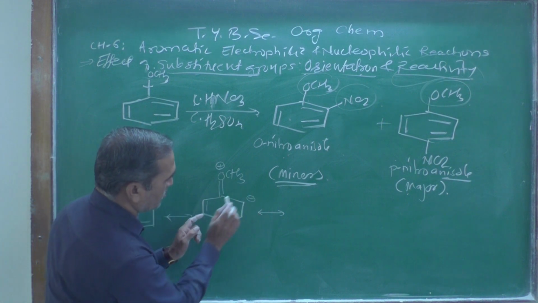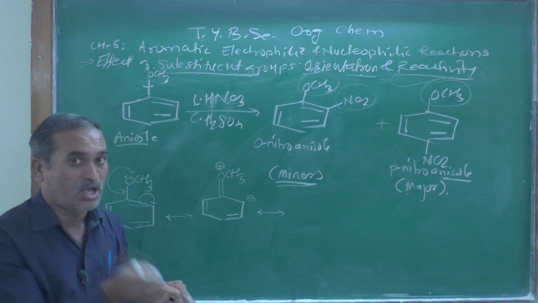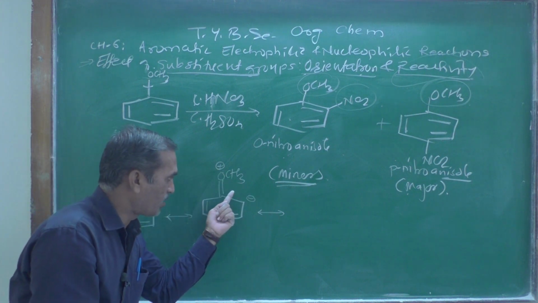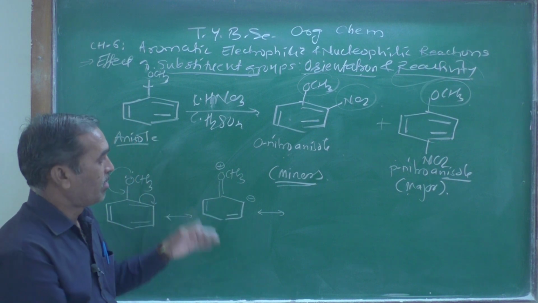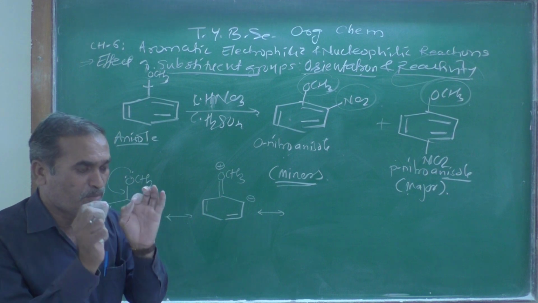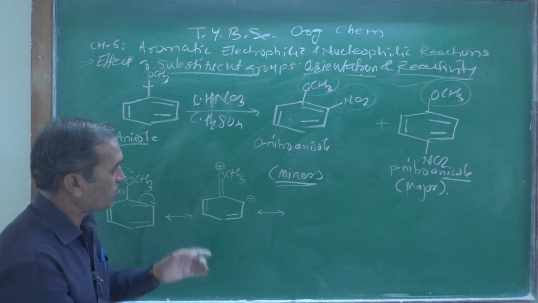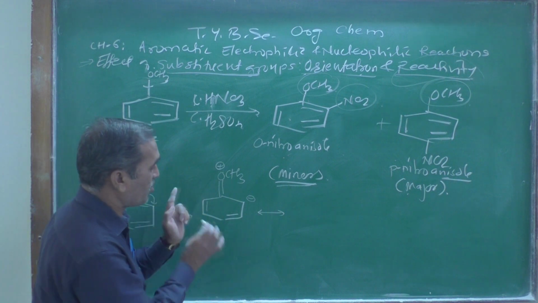Look at here, this negative charge, I am putting this negative charge exactly on that corner point, not on either side or that side. Remember, because everything in an organic compound must be defined, a clear-cut, you have to show.